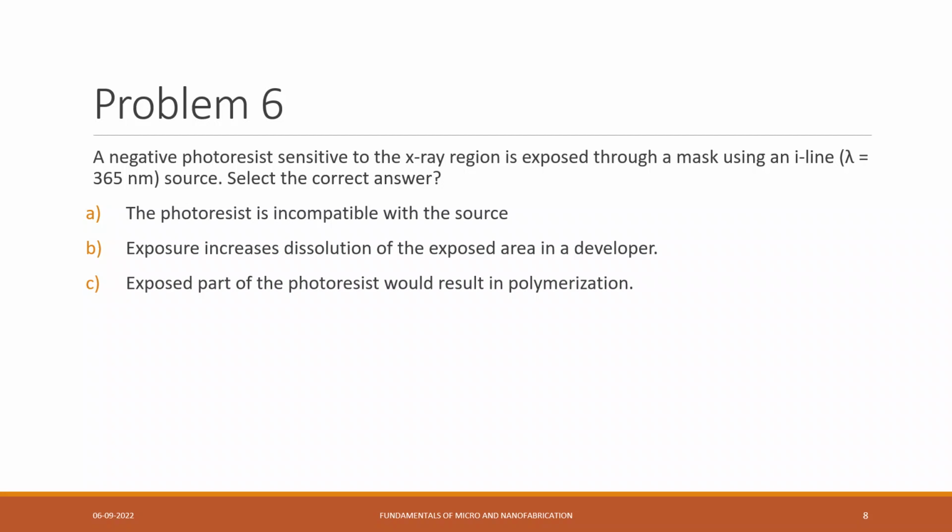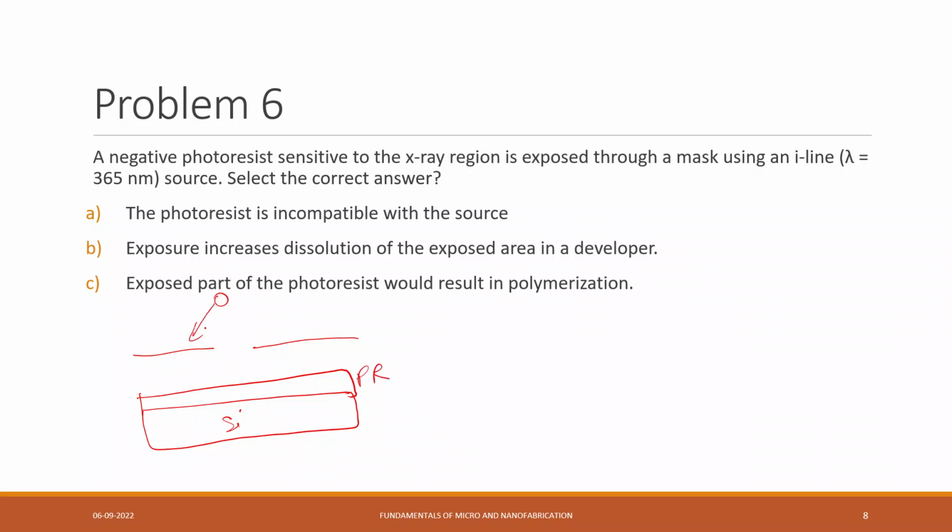Yeah, sure. So whatever she said is perfect. To explain for the other people in the call: say this is silicon and we have a coating of PR, and this is the light.